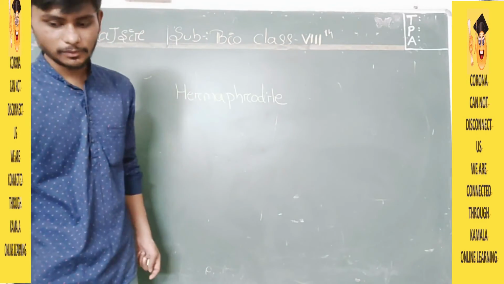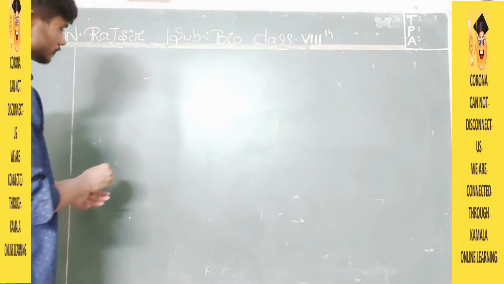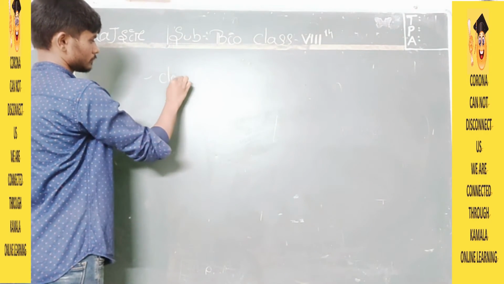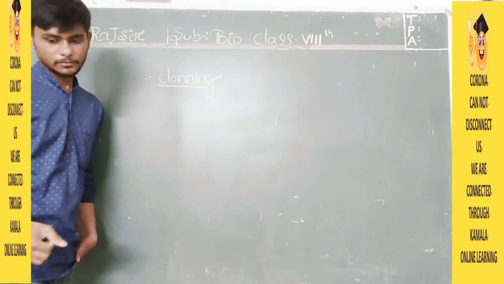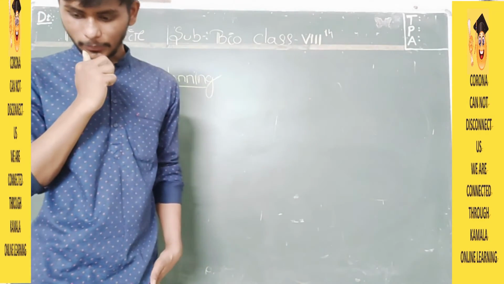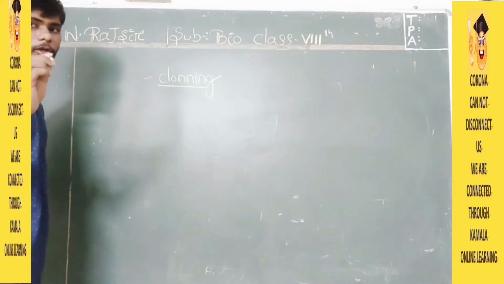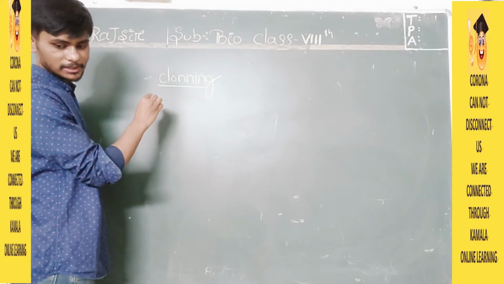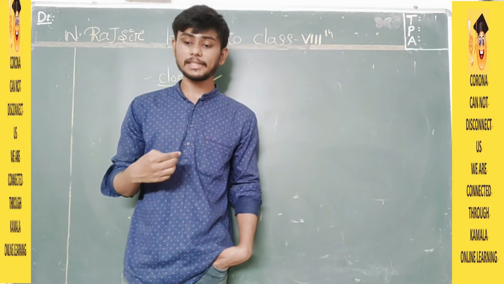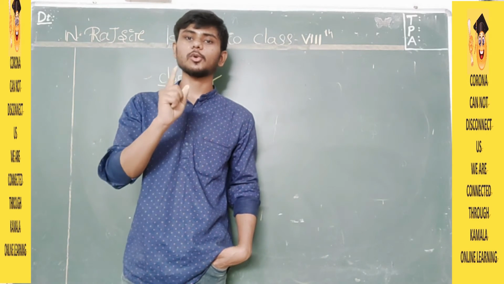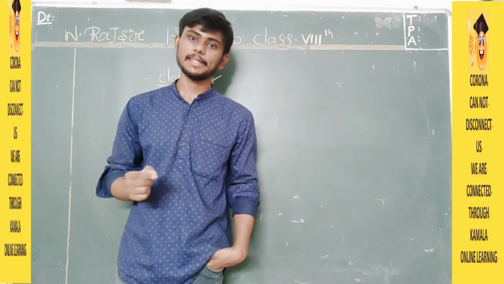Now the last topic is cloning. Students, here we will take the example of two sheep. The first sheep, you know, Dolly the sheep, took birth in 1996 and was the first successfully cloned animal which was produced at that time.